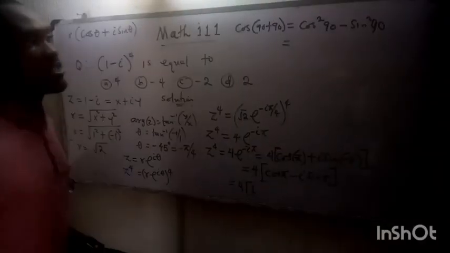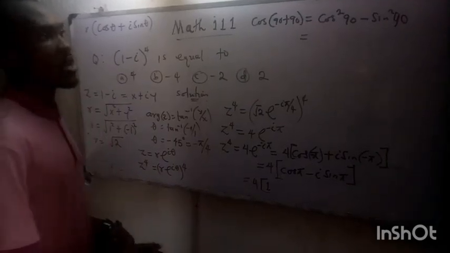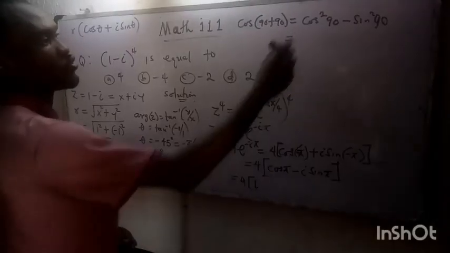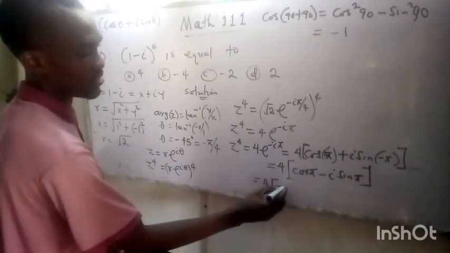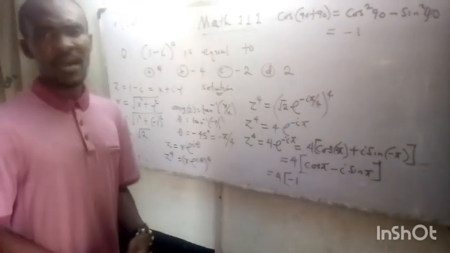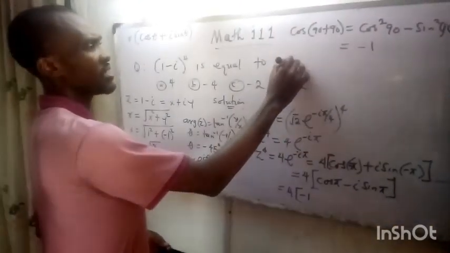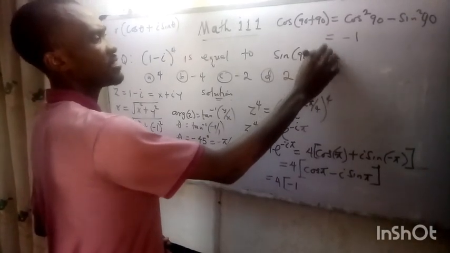Cos 90 is 0 and sine 90 is 1. So we have minus 1. And then sine pi, sine 180. Let's see, sine of 90 plus 90.